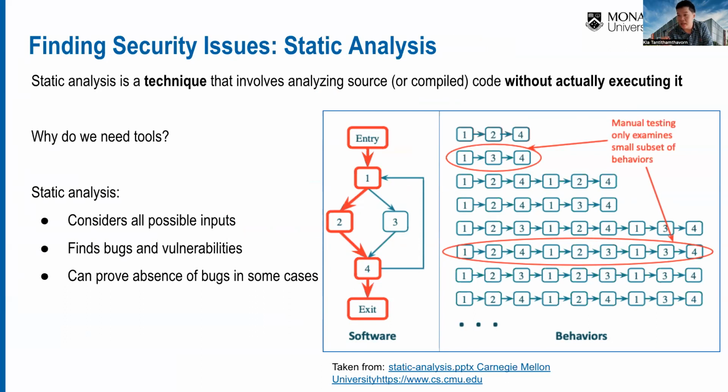Static analysis, as I mentioned before, we can use to detect bugs or security issues, and it is a technique to only analyze the source code without executing it. That's why it's called static. We look at the code statically. We don't execute it at all.